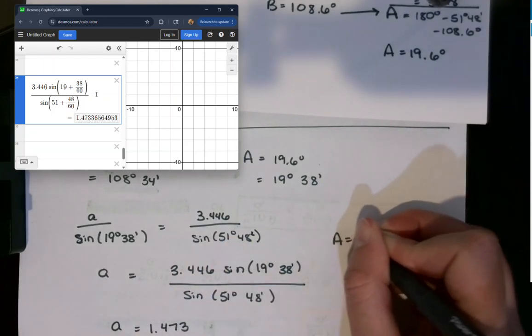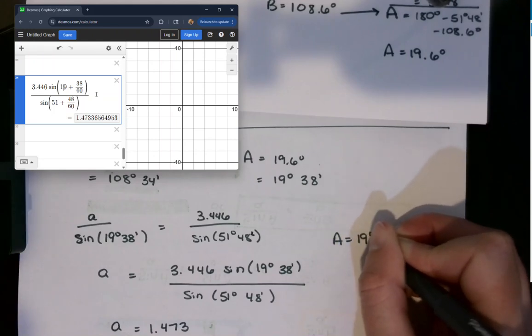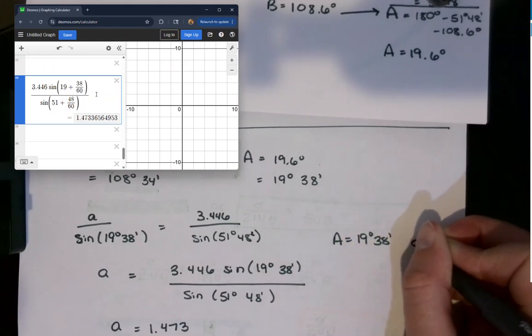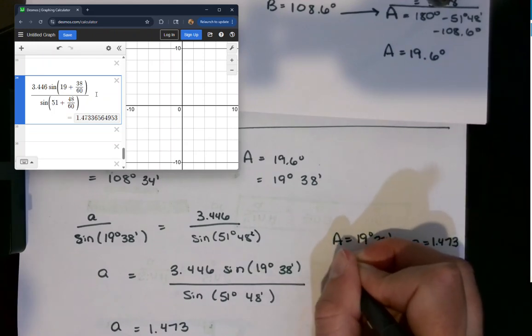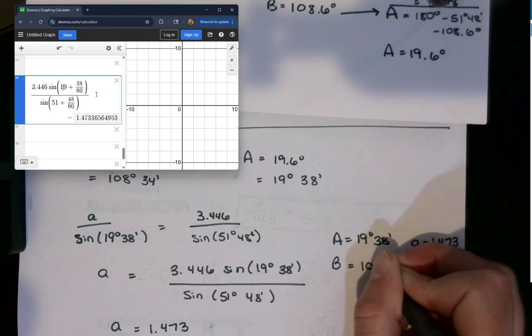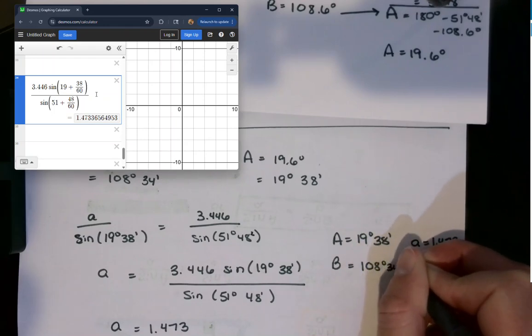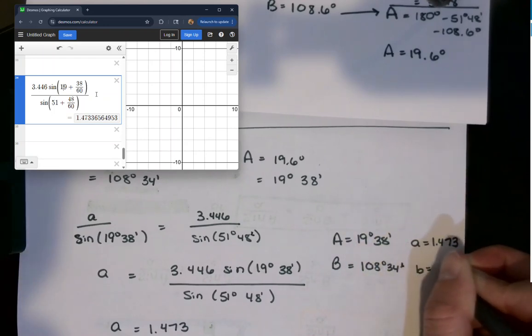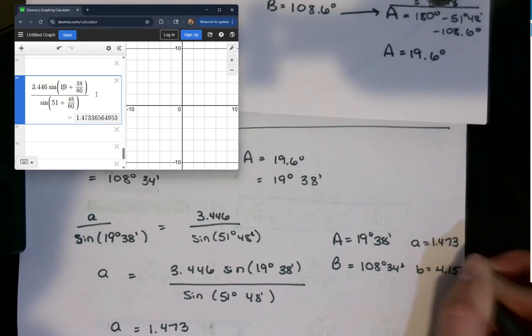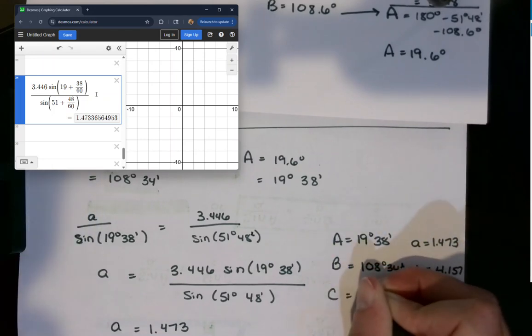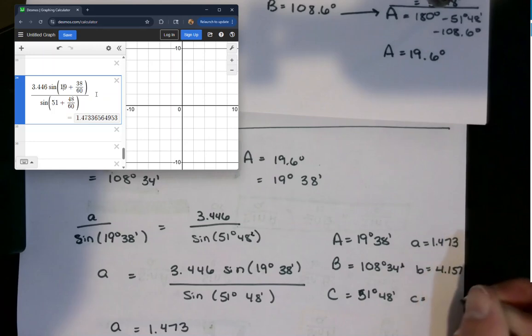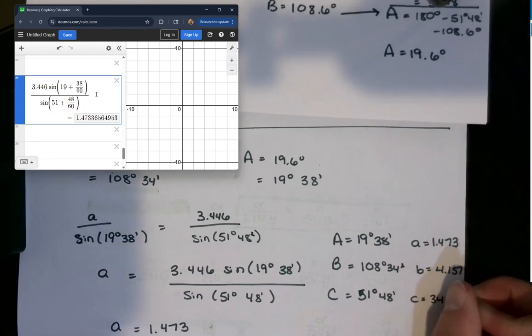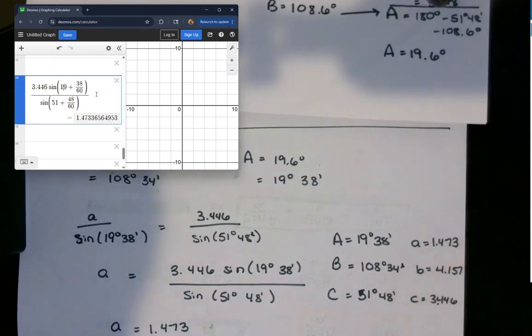So A here is 19 degrees, 38 minutes. Side A is 1.473. B here is 108 degrees, 34 minutes, with a side length of 4.157. And C was 51 degrees, 48 minutes, with 3.446 for its side length.